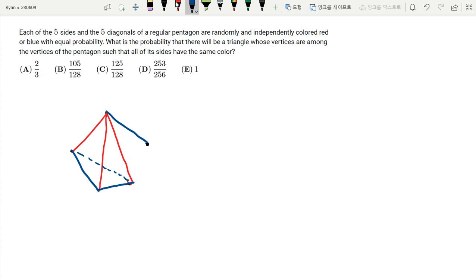We cannot make this segment blue or red. So even this is not possible. So that means the only choice remaining is from one vertex, we need to start with two and two different colors.